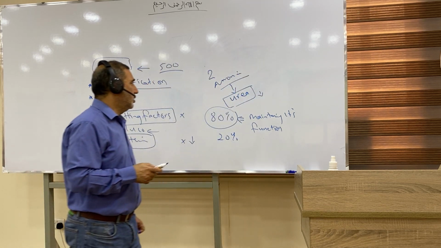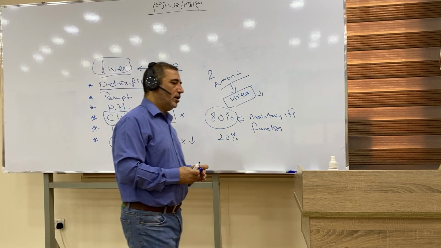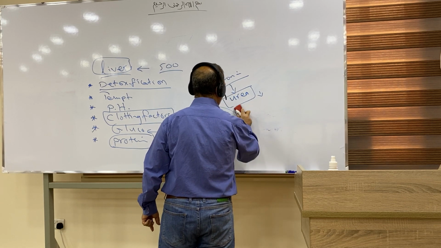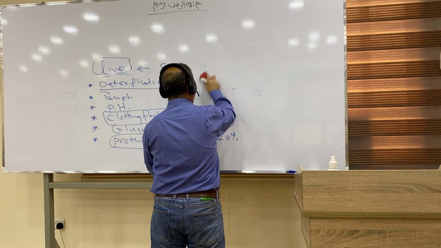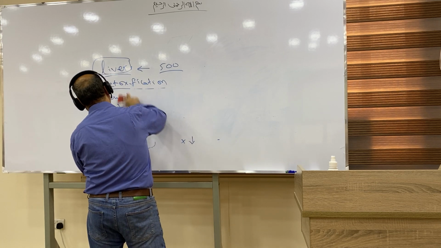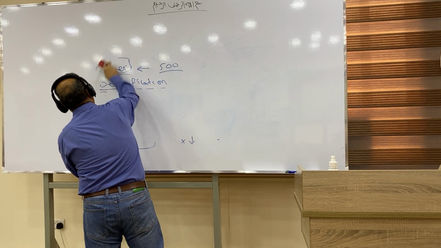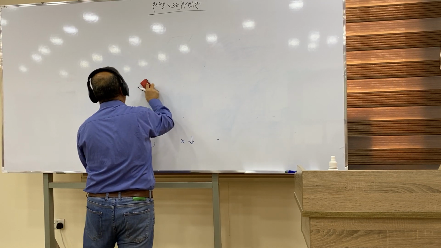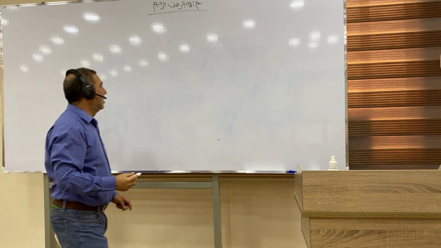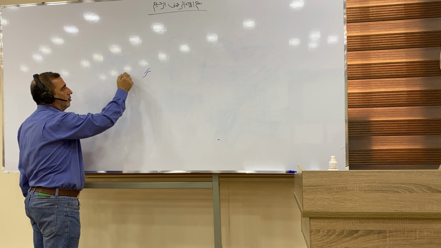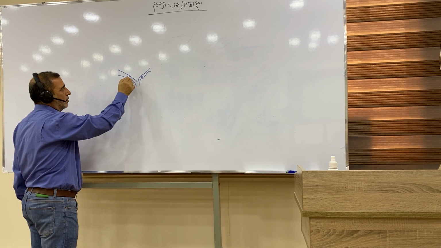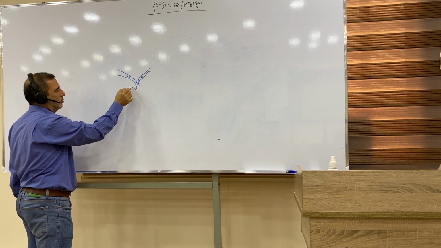What is the function of the biliary tree and gallbladder? The biliary tree will collect the bile from the liver and then it goes to the gallbladder.